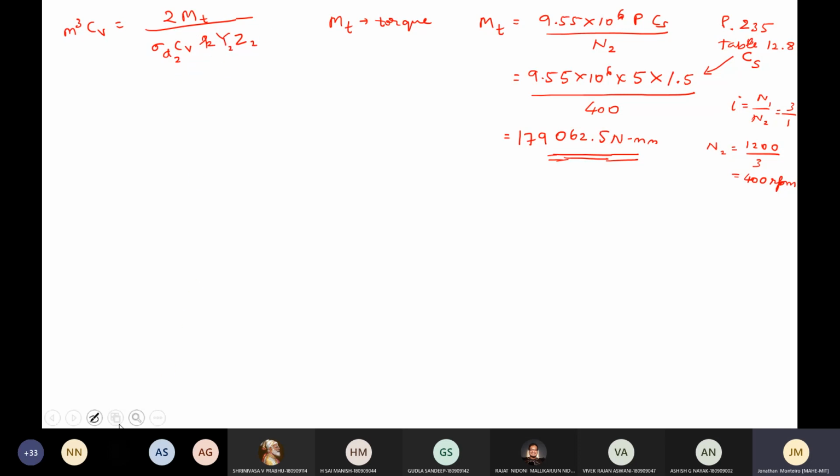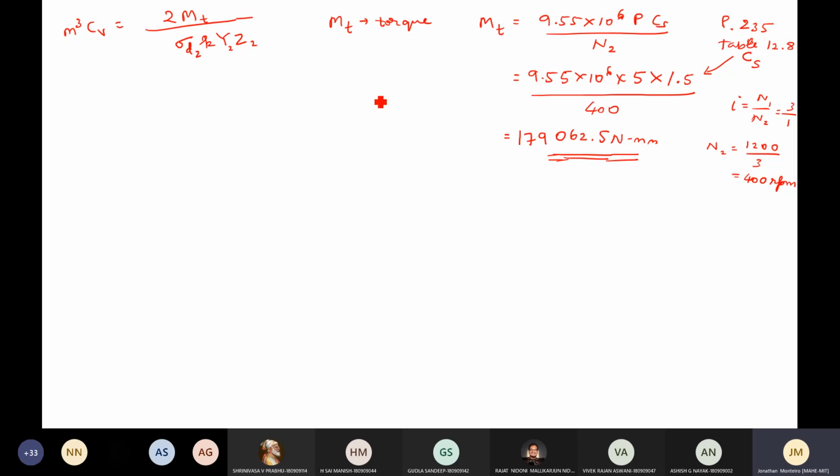I think I made a small error here. I think this should not be there. I'll just cut and write again. This should be sigma D2. That CV has already been transferred to the left hand side. So sigma D2 is already written using the table.